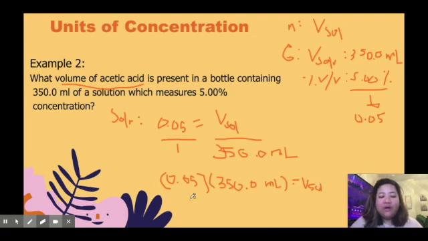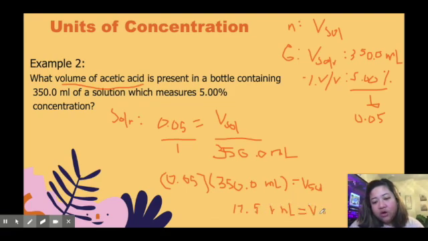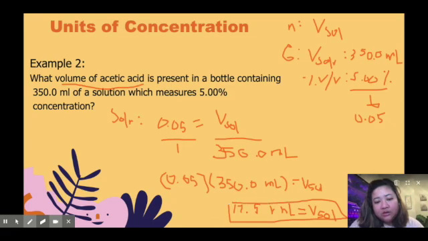So 0.05 times 350 ml, that is 17.5 ml. So that is our volume of solute. There you are.